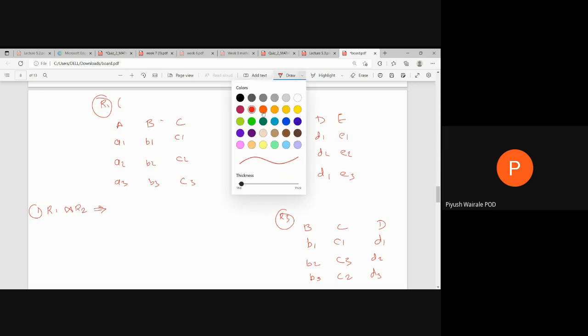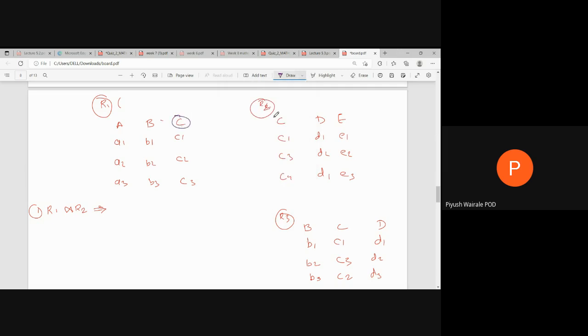Based on this attribute, it will match the common tuples. For example, check for C1. C1 is matching with this. So the output will be A, B, C, D, and E. Here I will get A1, B1, C1, D1, E1.